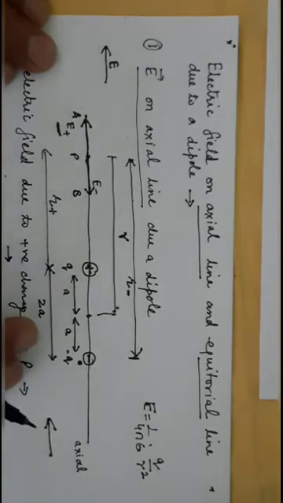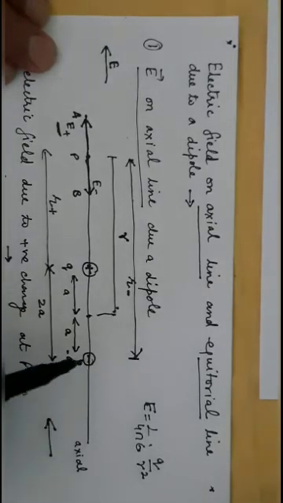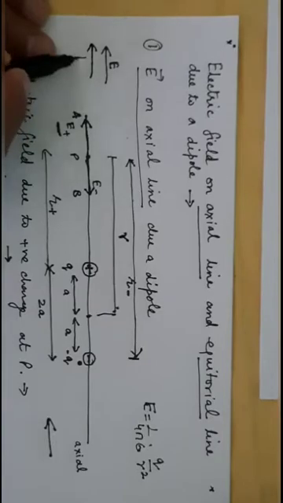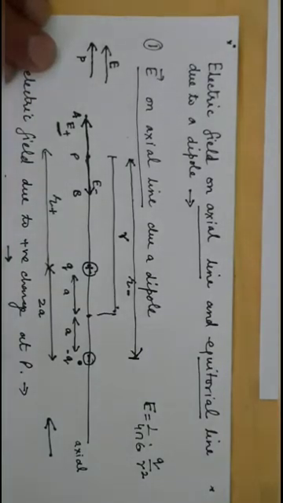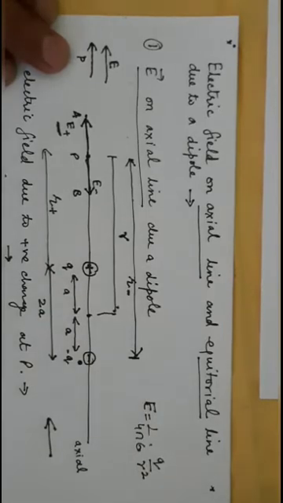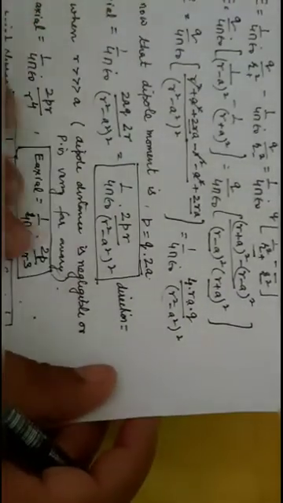If you compare it with the direction of dipole moment, we know the direction of dipole moment is from negative to positive, so along this direction. So this is the direction of dipole moment. If you compare both the directions, the direction of electric field due to the dipole and the direction of dipole moment is the same.